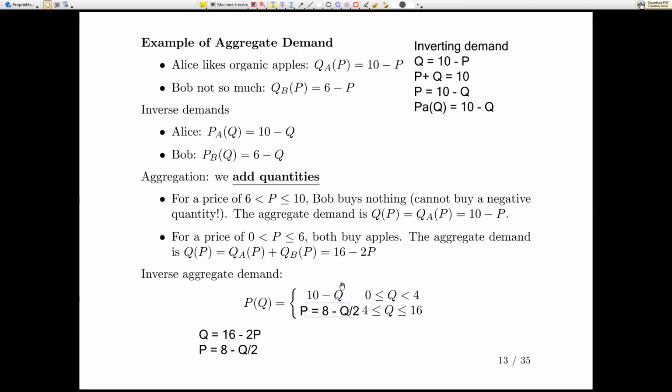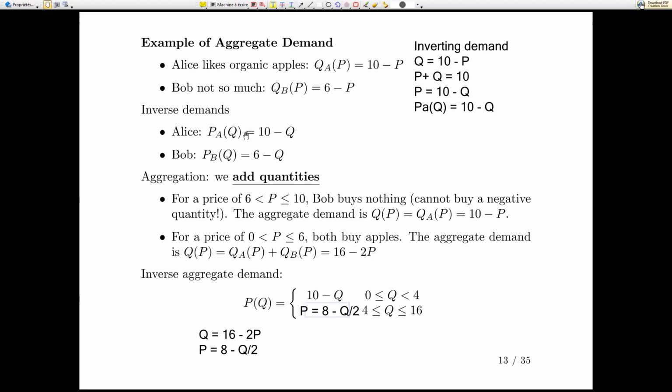For a price between 10 and 6, because the first inverse demand starts at 10 and the second starts at 6, this demand curve will not kick in until later. So between a price of 10 and a price of 6, it's only Alice who buys.